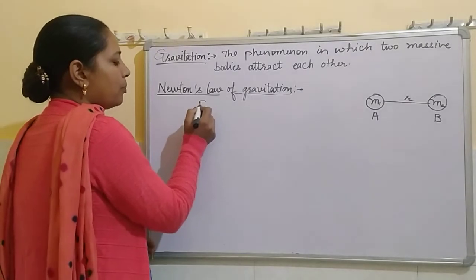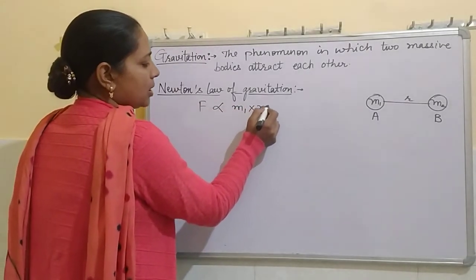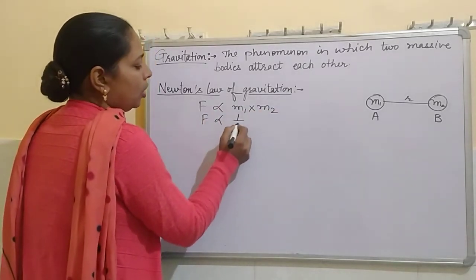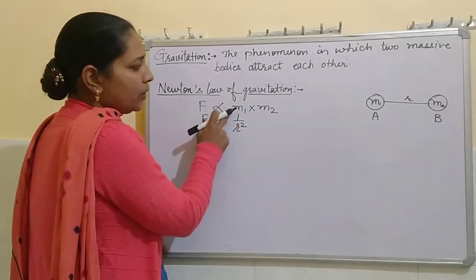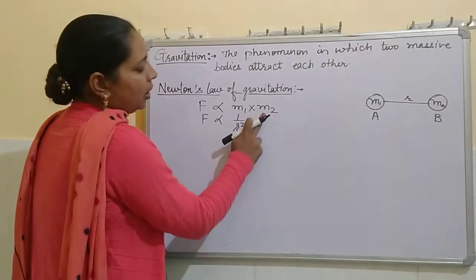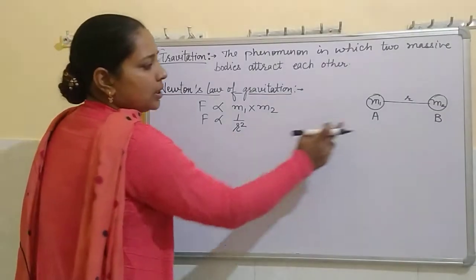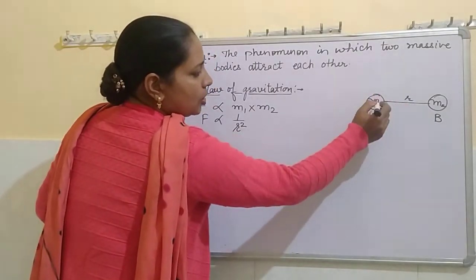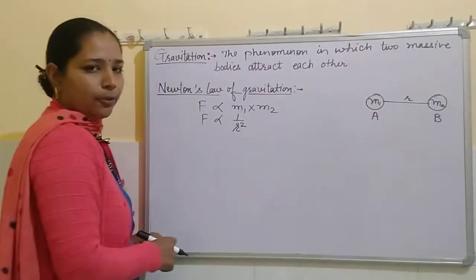This force depends directly upon the product of their masses and is inversely proportional to the square of the distance between them. Here m1 is the mass of the first body, m2 is the mass of the second body, r is the separation between these two bodies. This separation is from the center of the first body to the center of the second body.